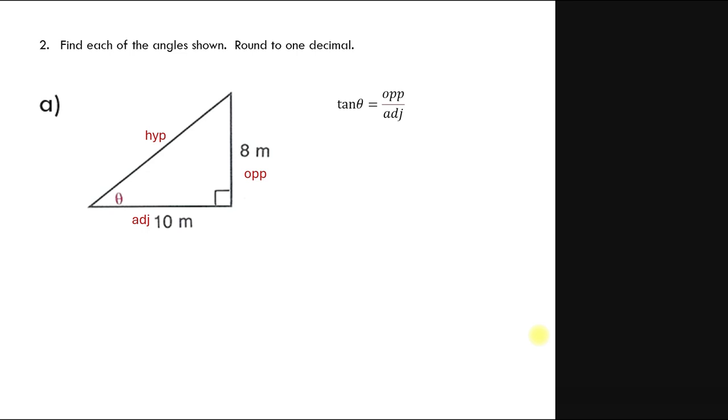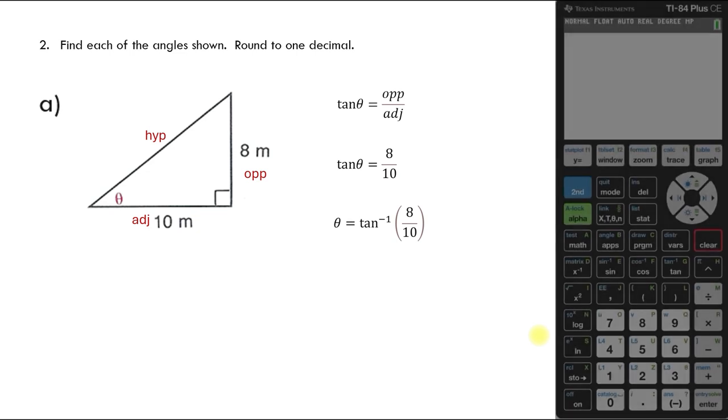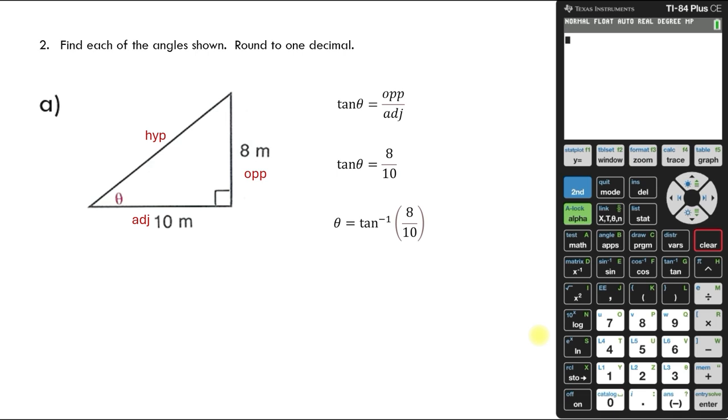So we can say that the tangent of theta equals opposite over adjacent, and in this case, the tangent of theta equals 8 over 10. Theta by itself, therefore, will equal the inverse tan of 8 over 10.